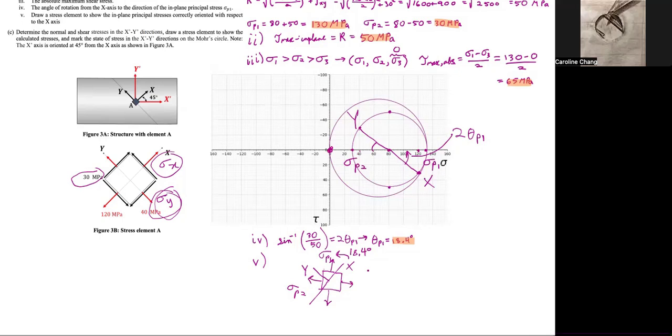And remember that our principal stress 1 is equal to 130 and our principal stress 2 is equal to 30. So that's what we will put.